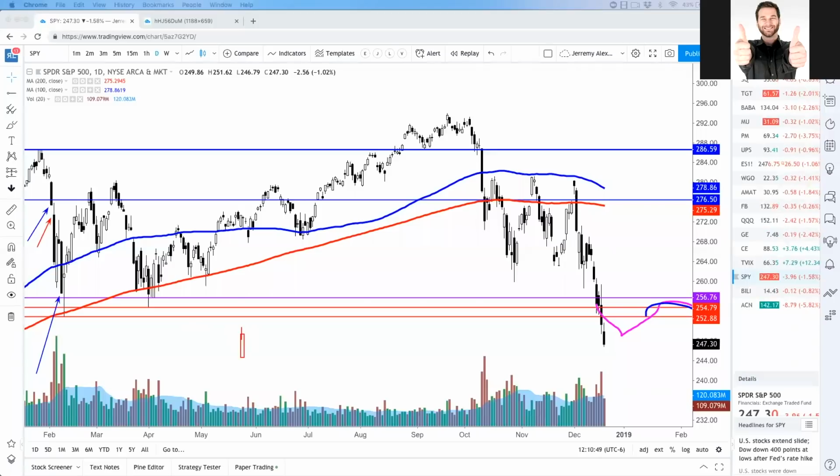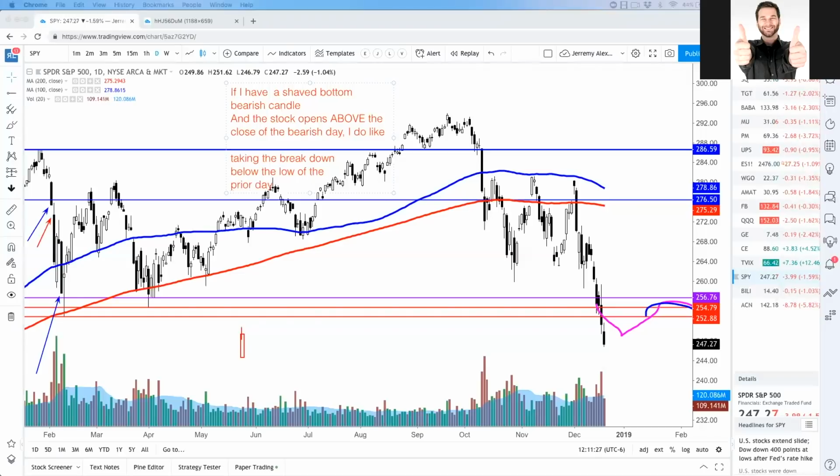If I have a shaved bottom bearish candle, and I'll kind of write this in here for you too, if I have a shaved bottom bearish candle, and the stock opens above the close of the bearish day, I do like taking the breakdown below the low of the previous day, prior day.